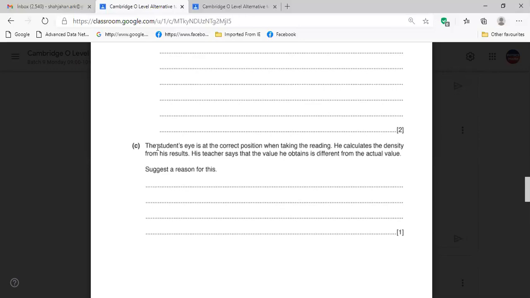What could be a possible reason? Any idea? Any opinion, please?